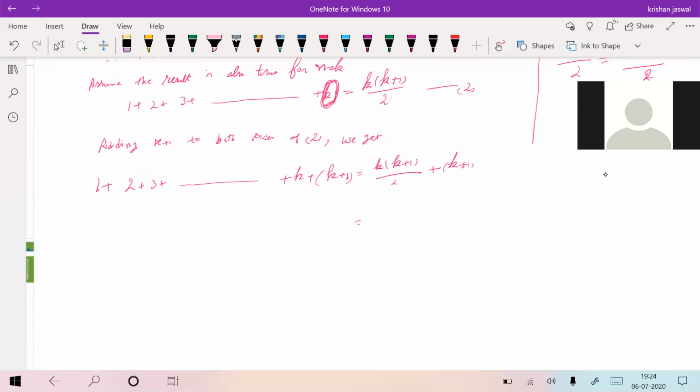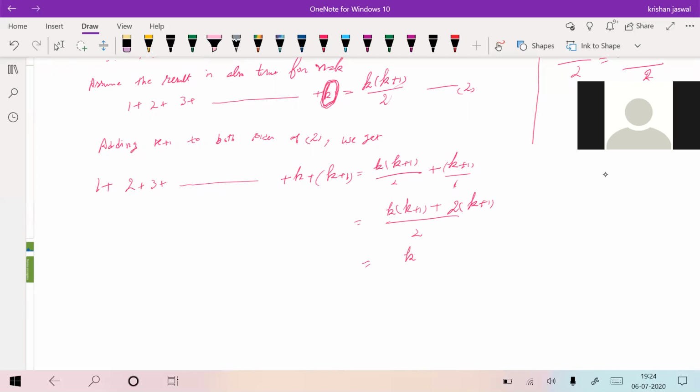Solve this. Over 1, 2, the LCM is 2. Cross multiply: k into k plus 1 plus 2 into k plus 1, over 2.